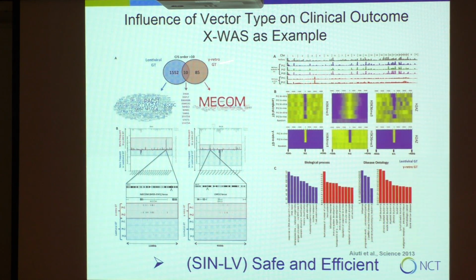If you look at Wiskott-Aldrich syndrome and make a direct comparison between the gammaretroviral trial and the lentiviral trial conducted in Milan, we see that with the gammaretrovirus, when we analyze the peripheral blood, there is a very drastic hotspot in the MDS1 EVI1 gene region, nowadays called MECOM. Whereas with the lentiviral vector there is not such a hotspot, and EVI1 is a proto-oncogene, and there is a safer distribution of these vectors also with regard to proto-oncogenes.